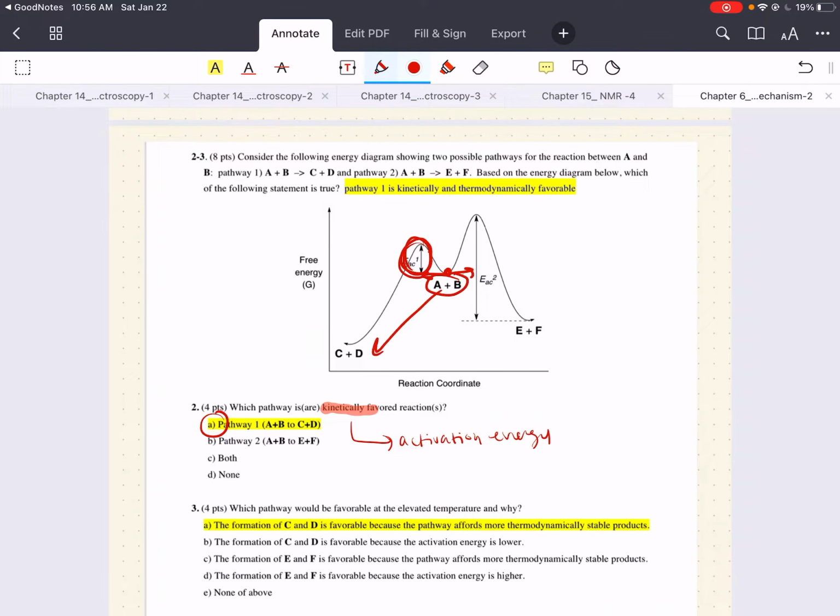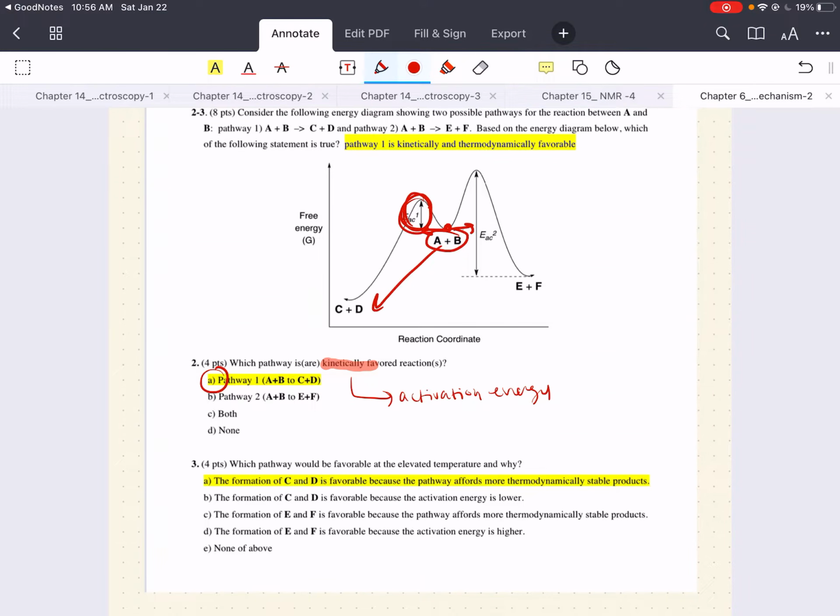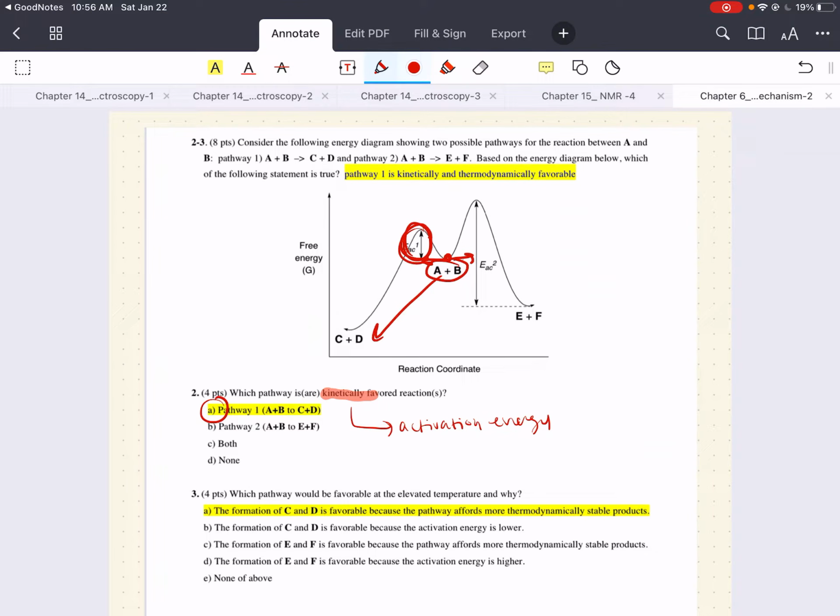Now, the second question asks us which pathway would be favorable at elevated temperatures and why? Well, first and foremost, elevated temperatures also help with reactions going faster. But looking at what is more thermodynamically stable is what's going to really help us answer this question.